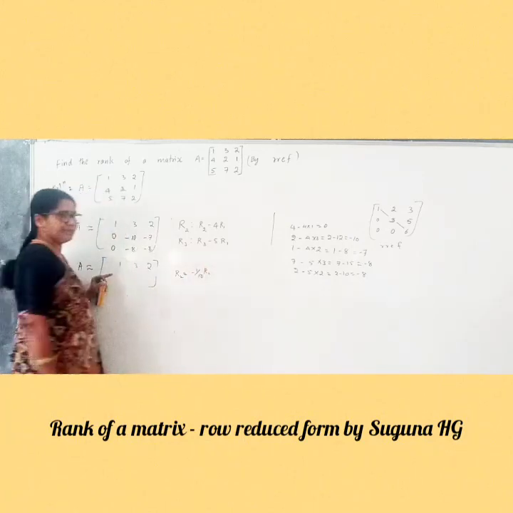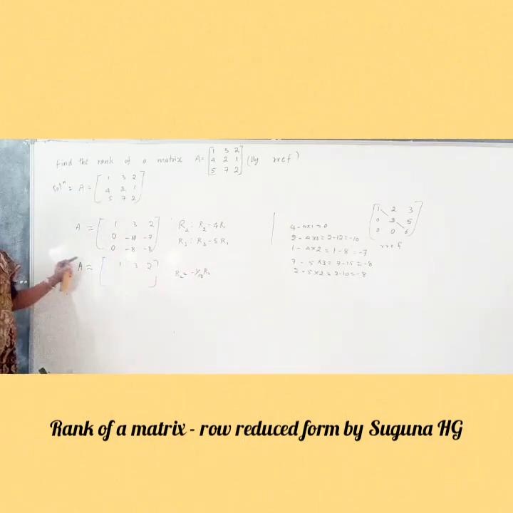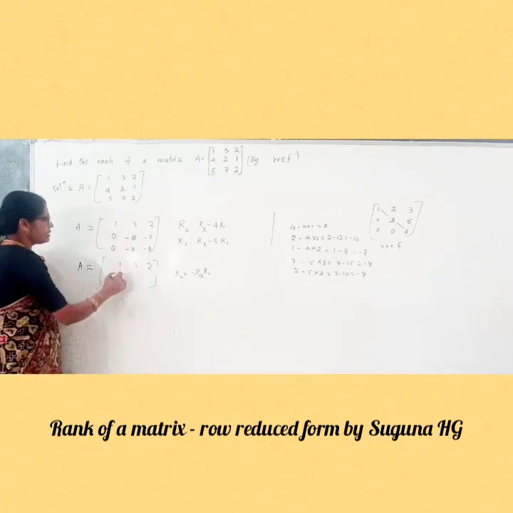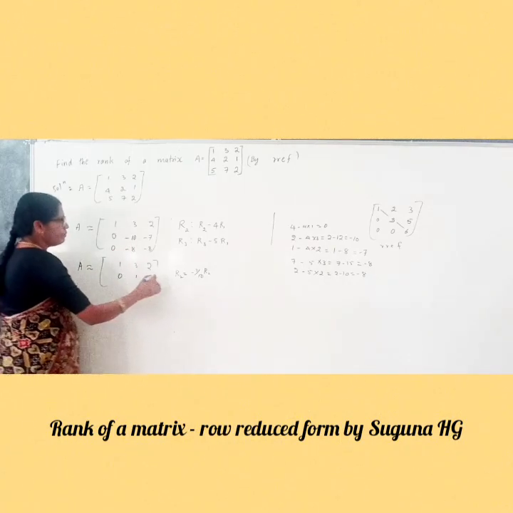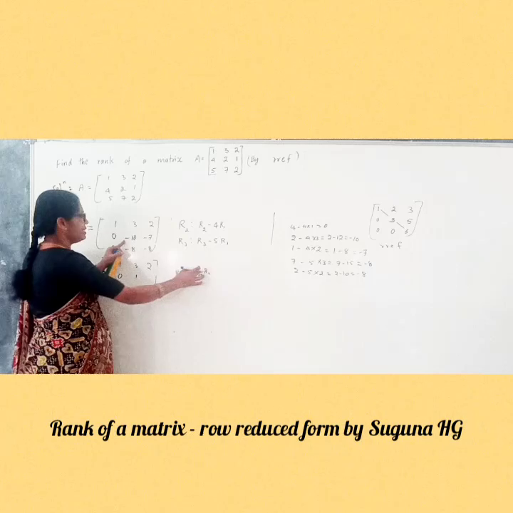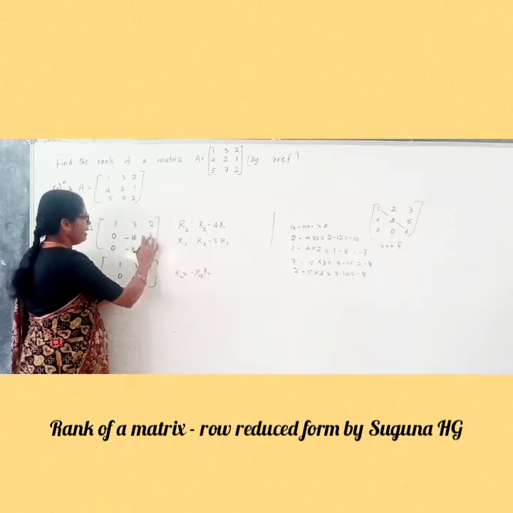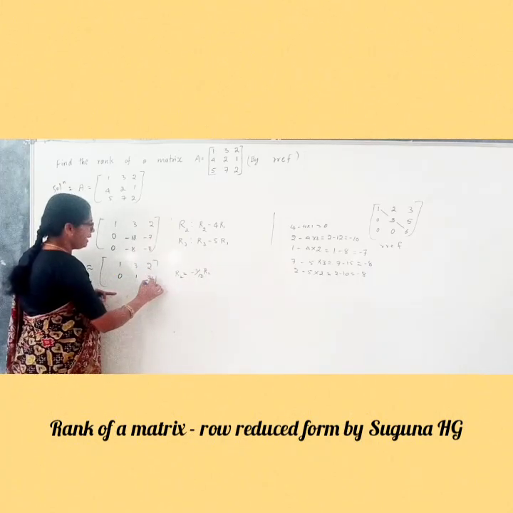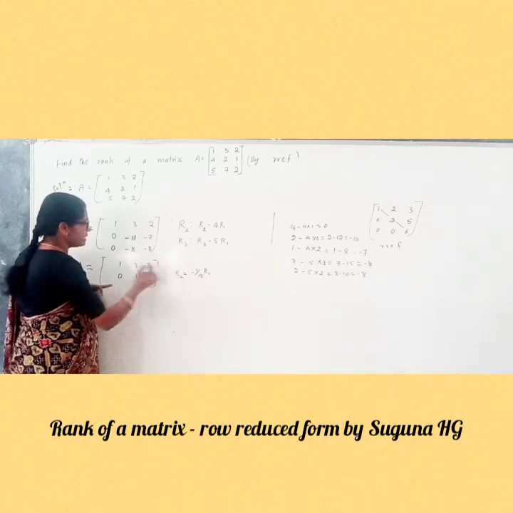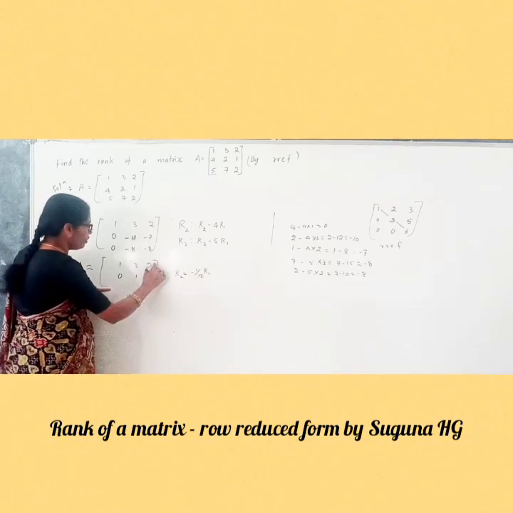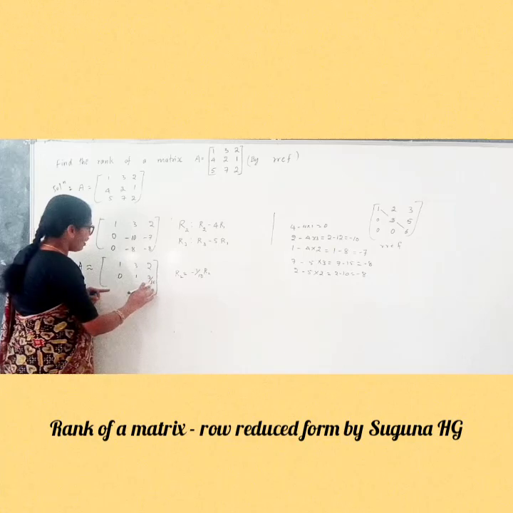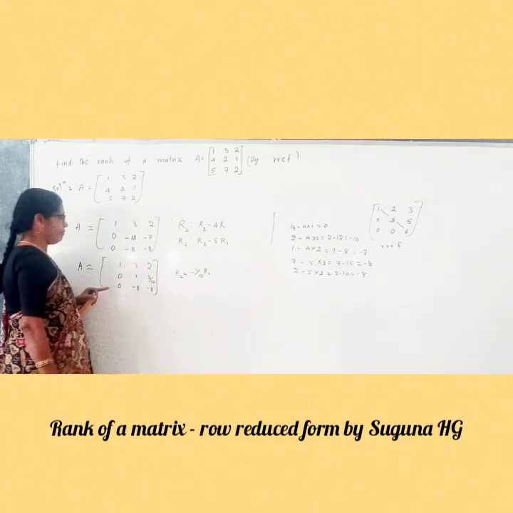Minus 1 by 10 R2. So it becomes 0, 1, because minus 10 by minus 10 is equal to 1. Then it is 7 by 10, minus 10 cancels here. Then the next row as it is, we will take, and then further we will simplify.